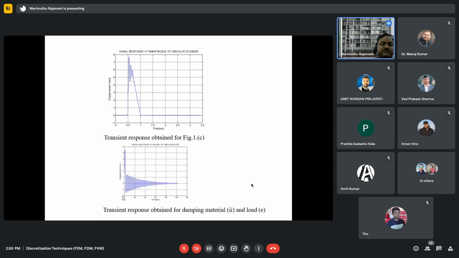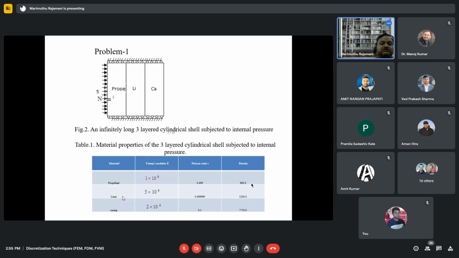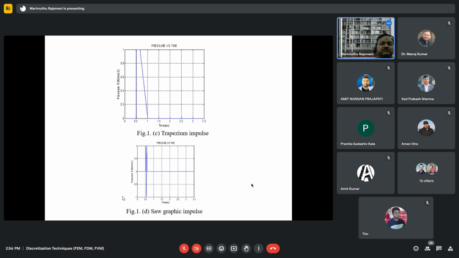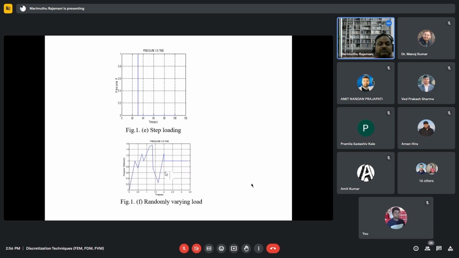And the other load is this sinusoidal load, and it has been brought to zero. Here also it comes back to the zero equilibrium position.